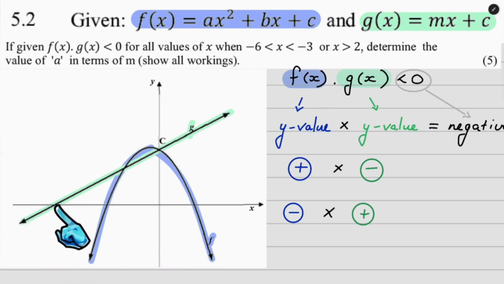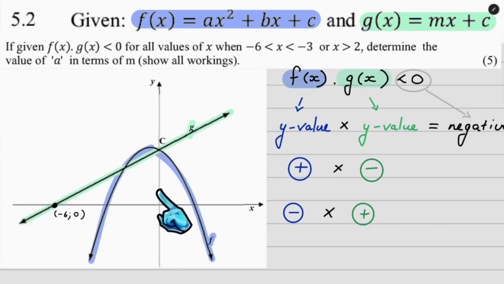But as soon as I cross this point, it's going to start working, because then the green graph has a positive y value. But if I go down to the blue graph, it's got a negative y value. So it starts working over there, and they told us it starts working at -6. So I can conclusively say this point is -6. Okay, now I'm going to keep scanning after that.